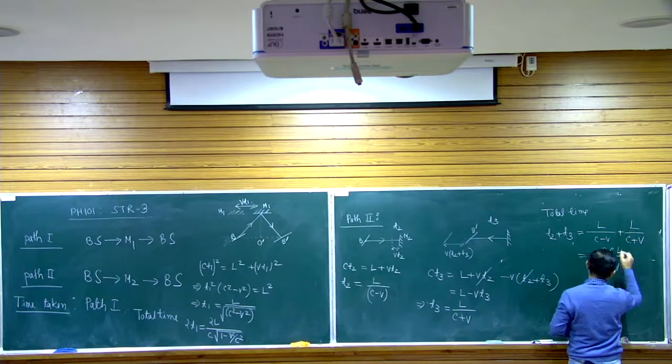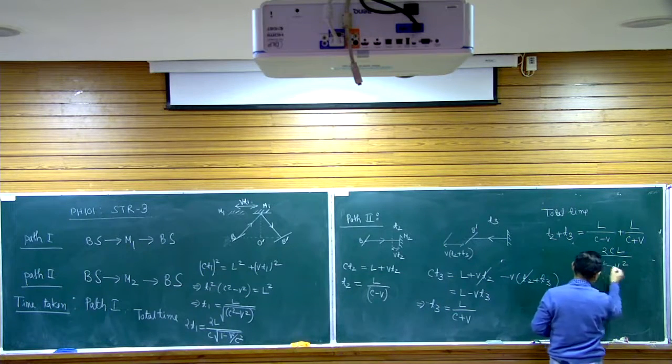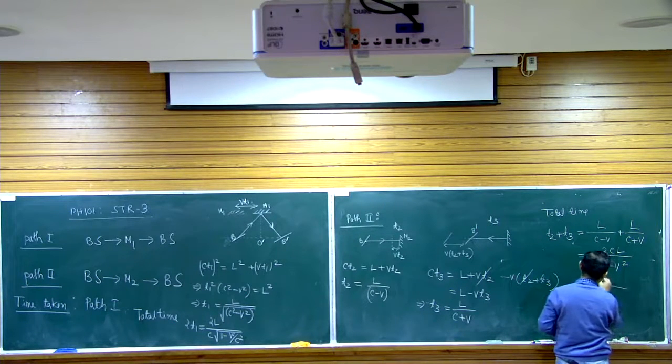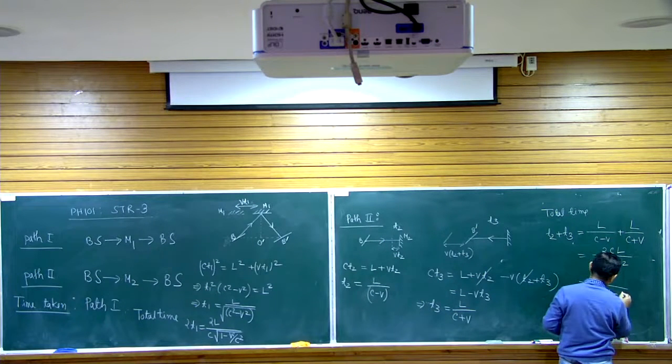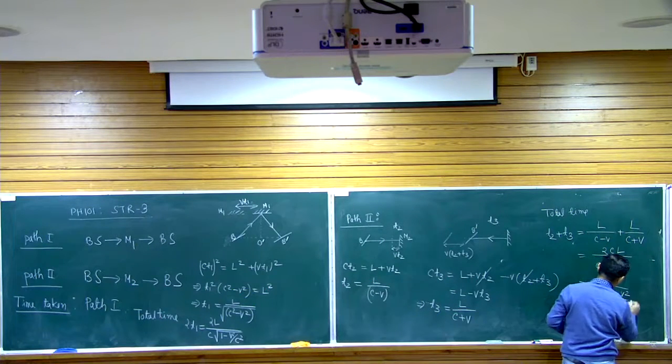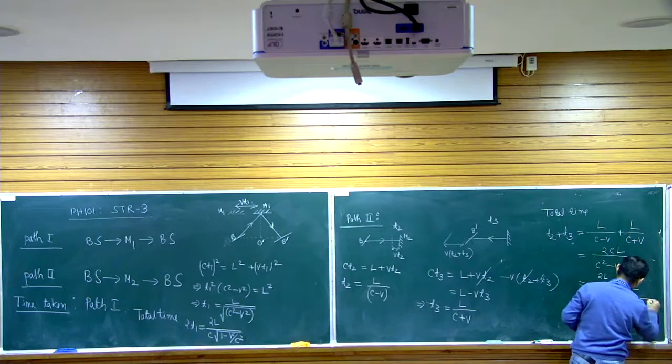After I take C square common in the denominator, this will give me 2L by C times 1 over 1 minus V square upon C square. So this is my expression 2.